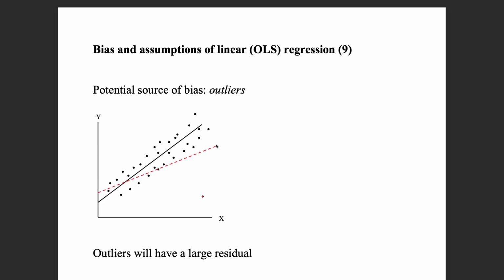So most of the information is still coming from these observations, so the regression line will be a little bit biased downward in this case, but the regression prediction will still be quite far removed from these outliers. So this is good to know, because that means we can try to identify cases that might be outliers, because outliers will have a large residual. They will be very different from the regression prediction.